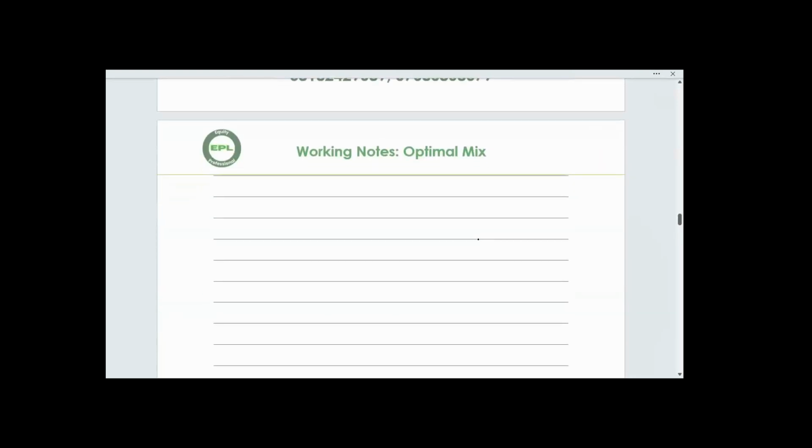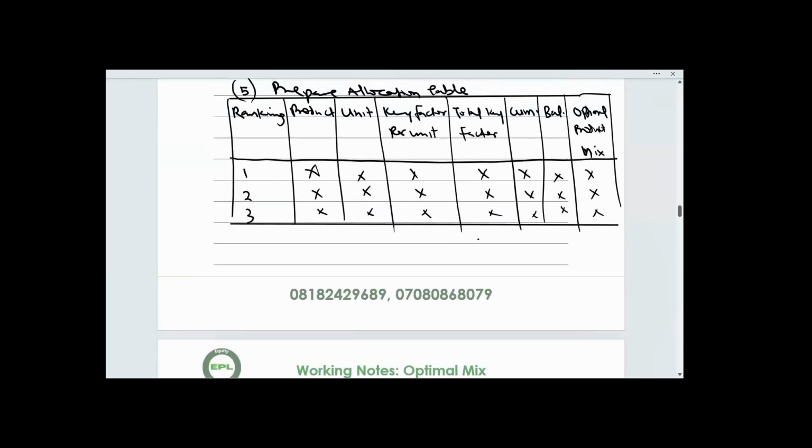Step 6. We have 2 more steps. Step 6, you determine the optimal product mix or production plan, optimal production plan. How do you do this? Of course, you are going to pick whatever information you have in step 5.